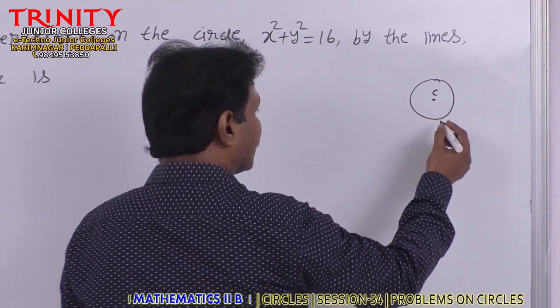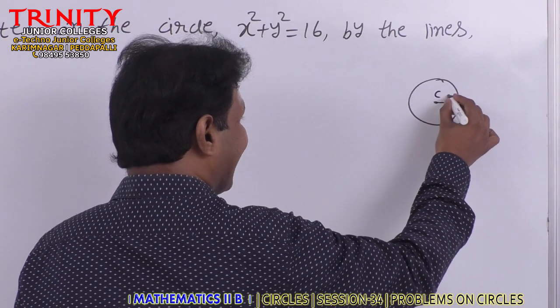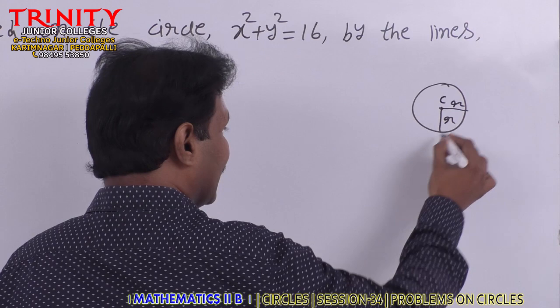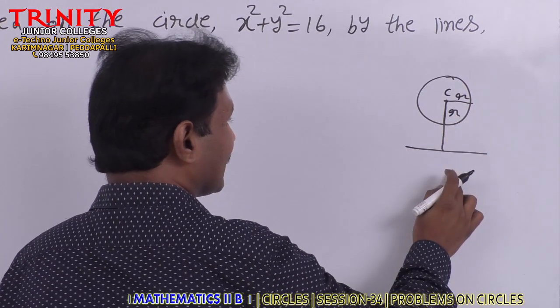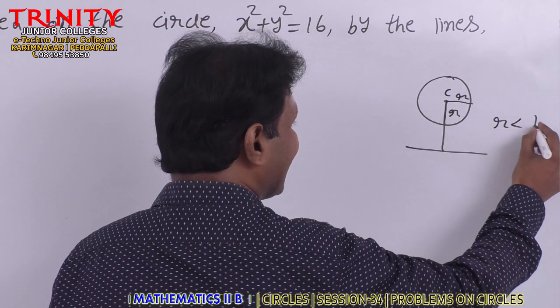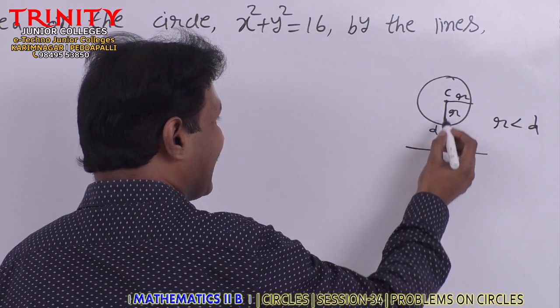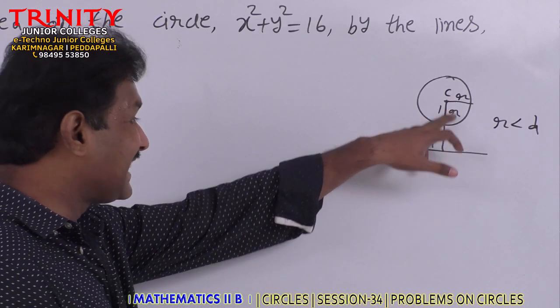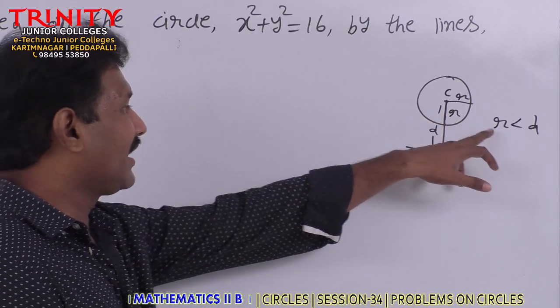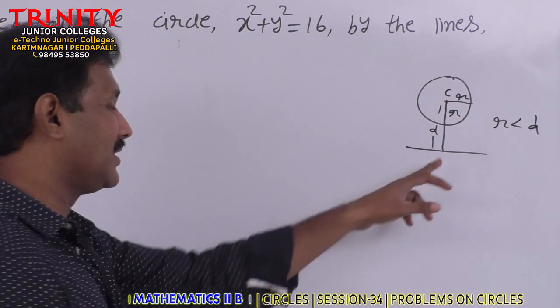Generally we know that this is the center, this is the radius, and this is any line. If r is less than d, where d is the perpendicular distance from the center to the line, the line is away from the circle.